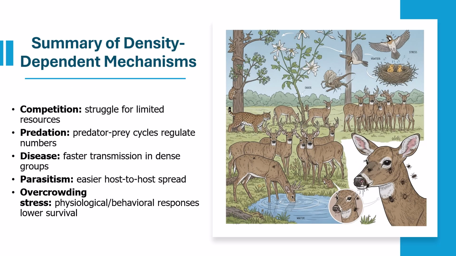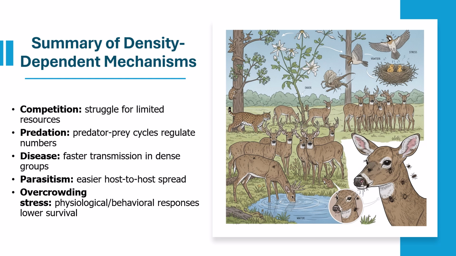Putting these together, density-dependent factors are internal checks on population growth. As density rises, so do pressure and competition for limited resources, predators prevent imbalance, disease and parasites spread rapidly, and stress diminishes fitness. These mechanisms don't operate in isolation, they often overlap, reinforcing one another.